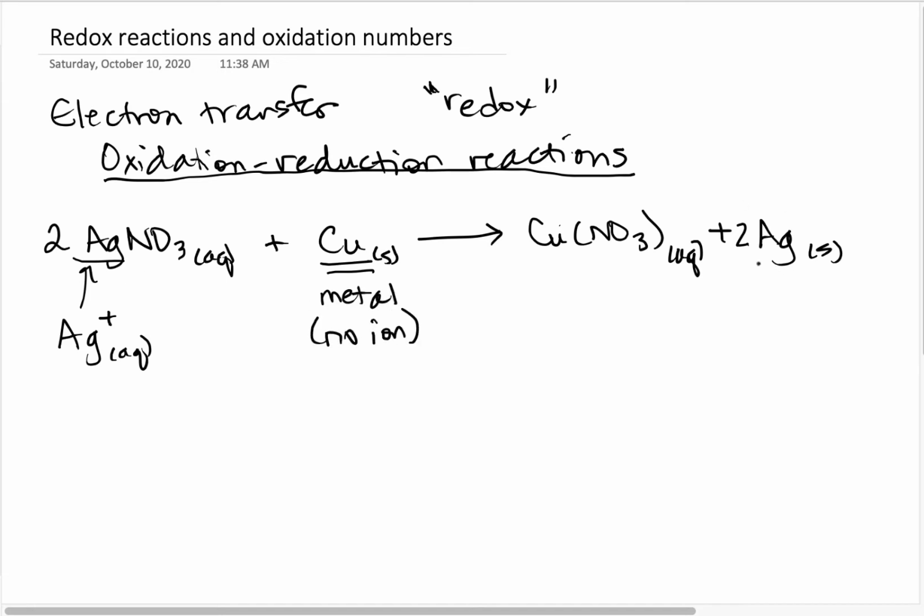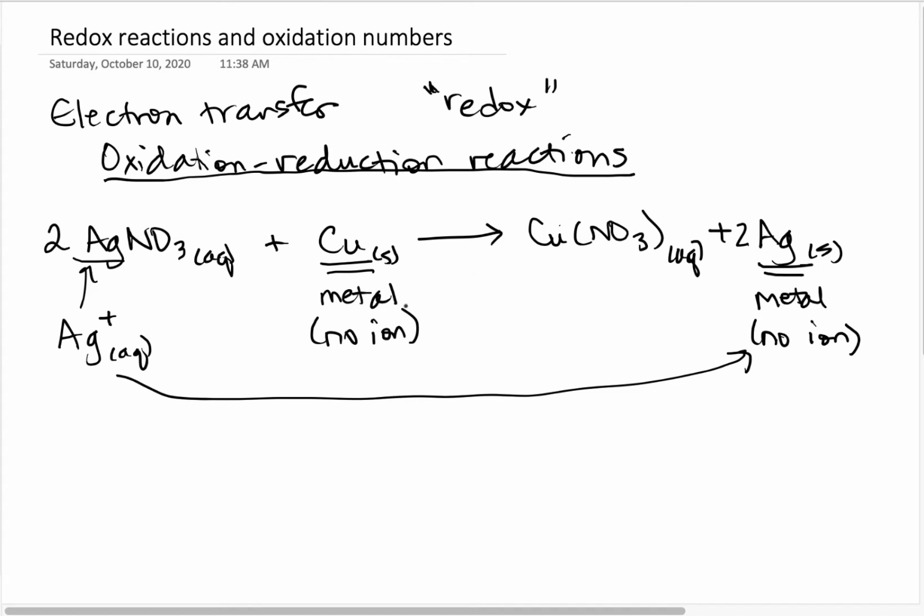Then the silver turns into silver metal, not an ion, and the copper turns into copper 2+. So that's an ion. Both of these are now switching from being part of an ionic compound to not, or vice versa.